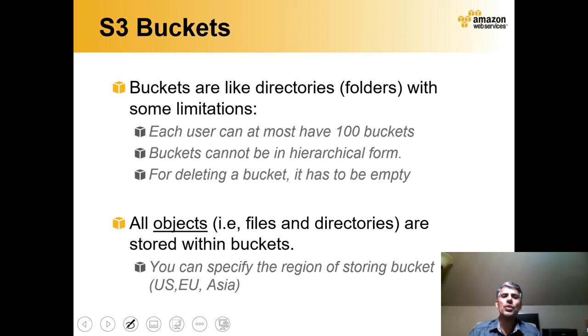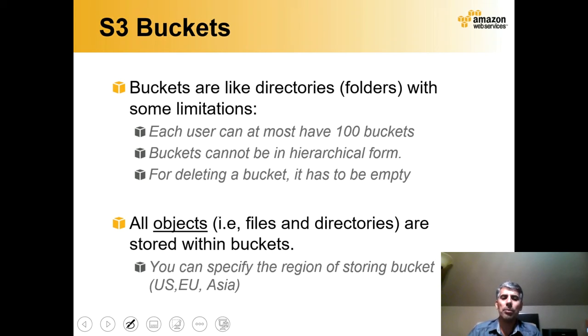So within S3, we have a concept like buckets. You know that in normal hard disks, we have files and we have folders or directories. In S3, in addition to these two, we have something called a bucket. A bucket is like a folder, but it has some more restrictions. For example, each user can only have 100 buckets, and they cannot be nested. They cannot be formed in a hierarchical manner.